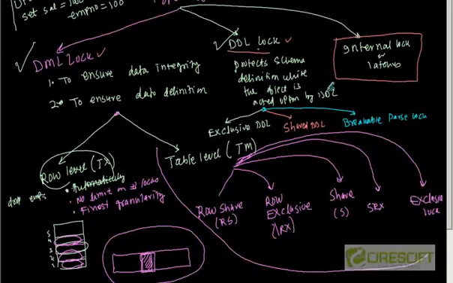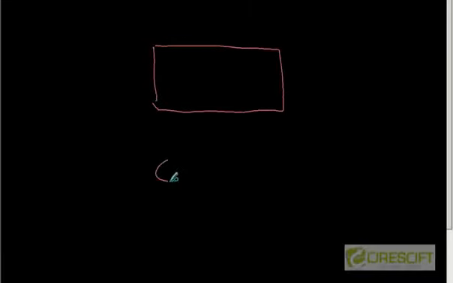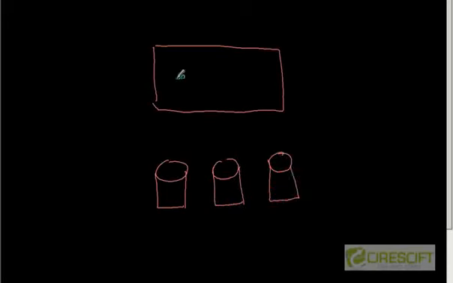Before we discuss internal locks and latches, let's recall whatever we learned from our database architecture and Oracle server architecture videos. An Oracle database consists of an instance and some data files, and there are a couple of background processes and a memory structure.